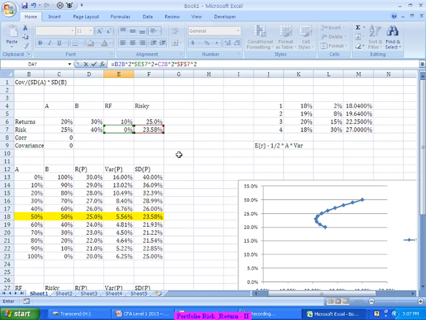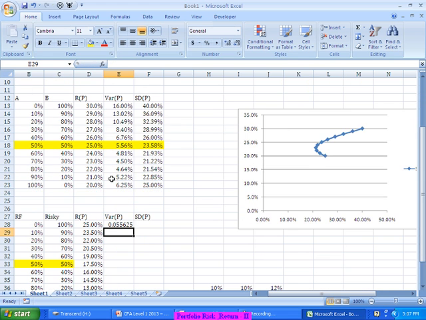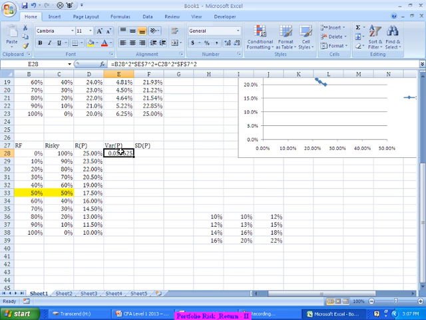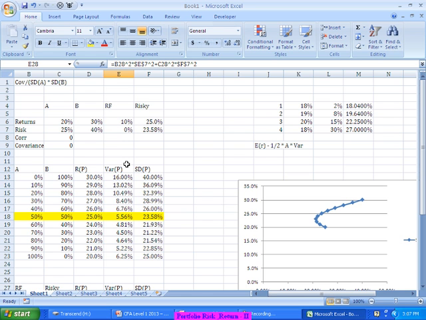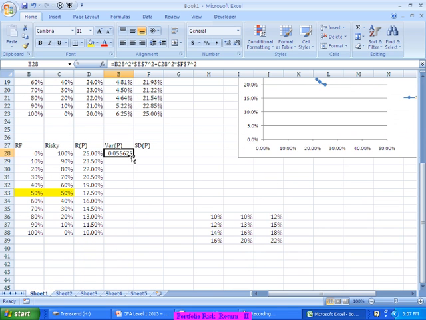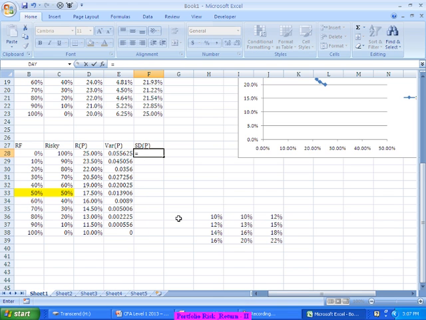I will not consider the remaining term, plus 2 W1 W2 covariance. Correlation is 0, so covariance will be 0, so I will not consider that term at all. So the overall variance of the portfolio is going to be this much: W1 squared the variance of the first plus W2 squared the variance of the second. So this is the overall variance, and I can find out the standard deviation, which is the square root of the variance.